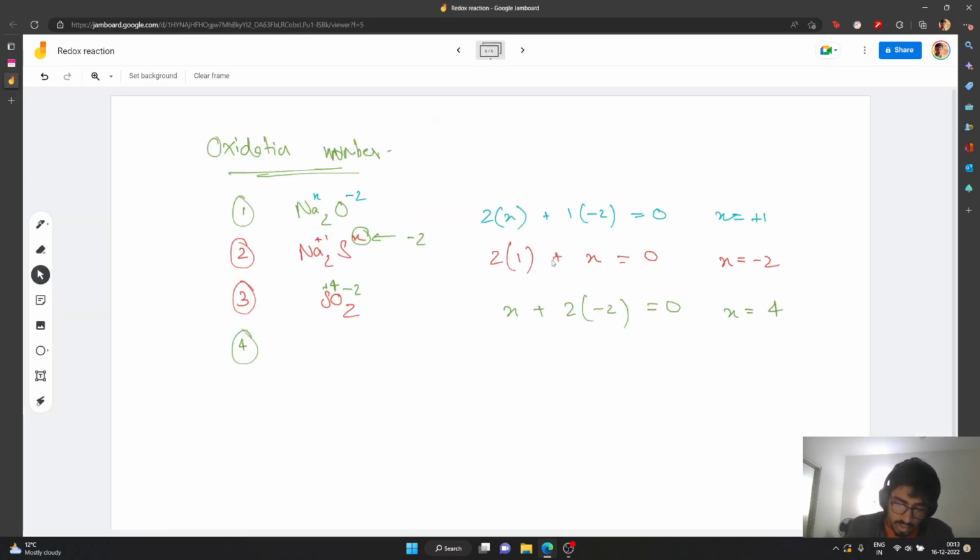So sodium chloride, iodine chloride. Now this is a tricky one, right? So first thing that we need to do is identify which is more electronegative. In this case, both are in the second last group, the halogen group, right? So we need to understand which one of them is more electronegative. In this case, chlorine is more electronegative, and you should remember from the periodic table that as you go down in one group, electronegativity decreases.